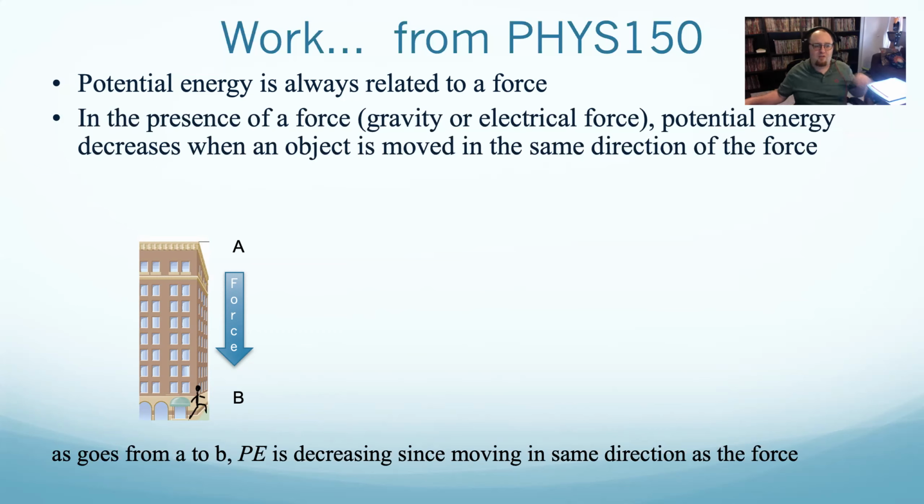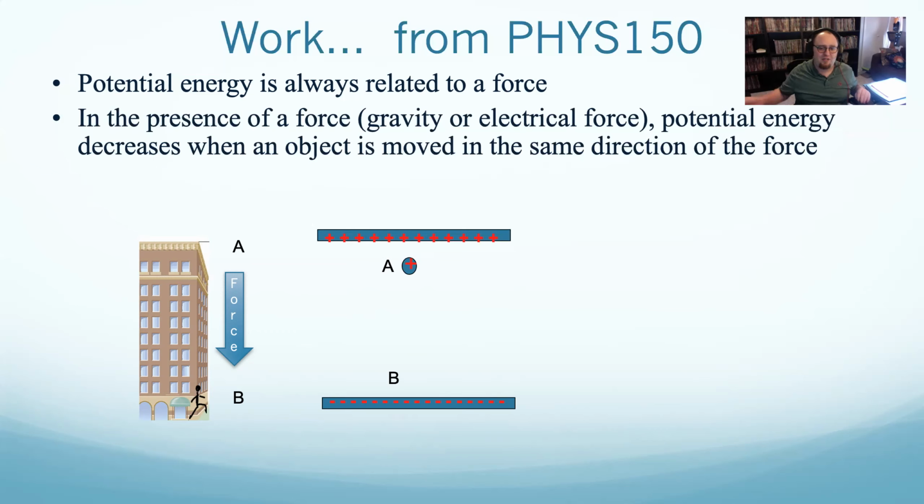Now let's say instead of a gravitational field, we have an electric field. And I'm going to set up my electric field basically the same way. So it's just going straight down, because the electric field goes from positive to negative. And so I have two plates of charge, a positive charge at the top and a negative charge at the bottom. This means that there's an electric field pushing downwards.